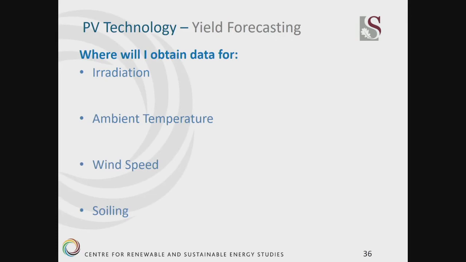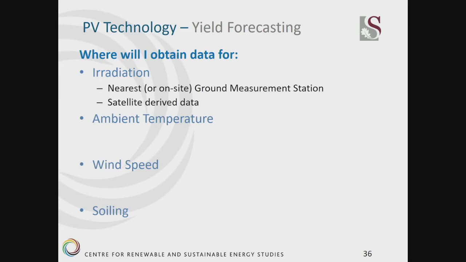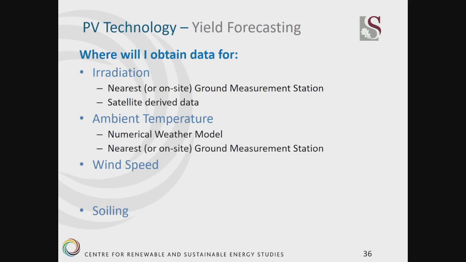So where can I obtain data to do some yield forecasting? Well, irradiance data you can get from ground measurements, or you can get data from satellite derived information. Then ambient temperature is important, and therefore we can use a numerical weather model, or we can also use ground measurements.